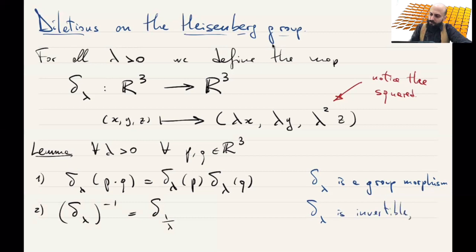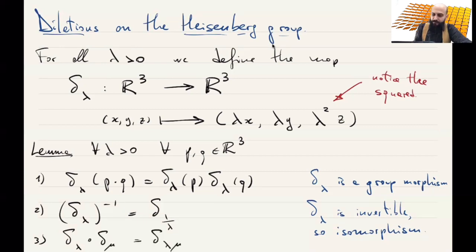And so an isomorphism. And these are just two algebraic properties. Maybe let's put a third one: if you dilate by lambda, but before that you dilate by mu, this is the same thing as dilating by lambda times mu.